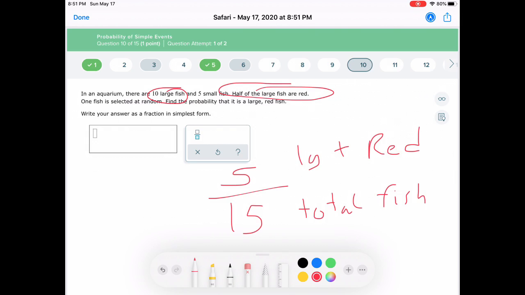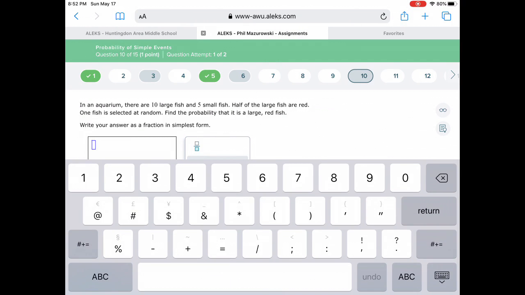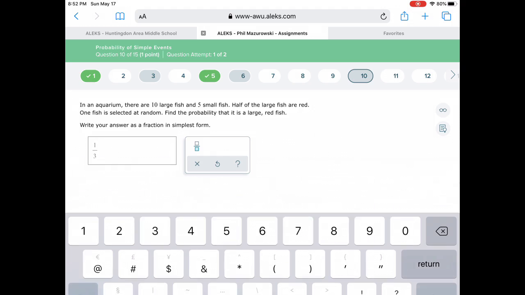So once again, to find simple probability, we look at how many ways the event we're looking for can happen, in this case 5, divided by how many total things could happen. In this case there are 15 total fish, so we're looking at 5 out of 15, and that simplifies to 1/3. So I'll go ahead and put 1/3 in.